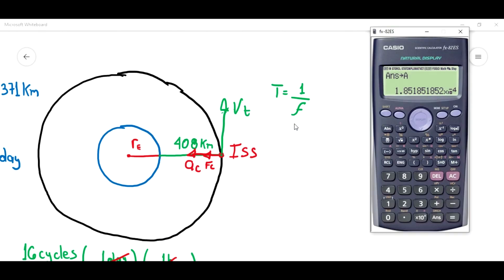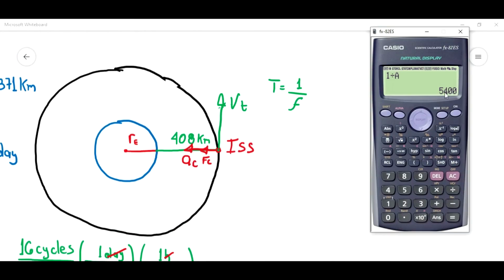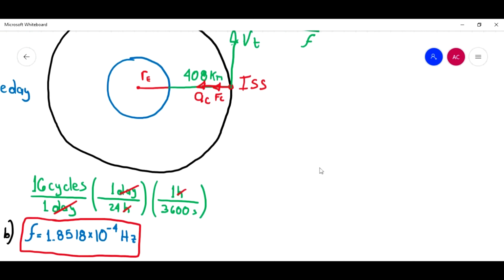So let's do it in the calculator. It will be 1 over the value that I saved in A.